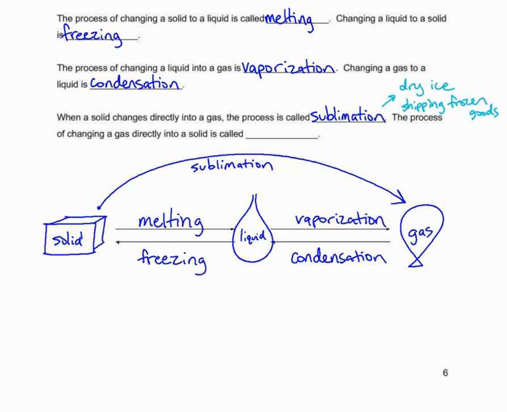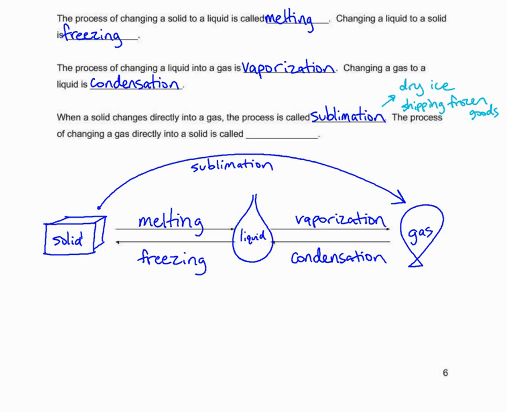Towards the end of a couple days of camping, your cooler has this slush. It's mostly water with a few ice chips in it. And so that's what you want to avoid when you're shipping frozen goods. Similar idea, you can buy ice cream on the internet and they will ship it to you overnight in dry ice.